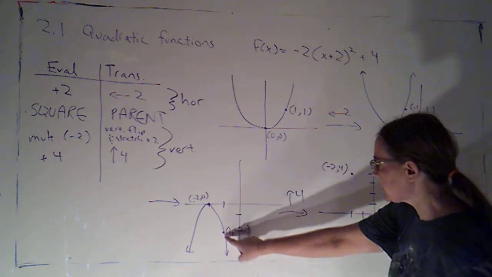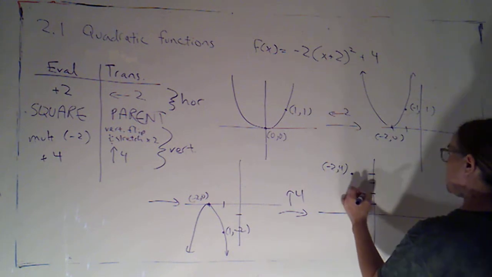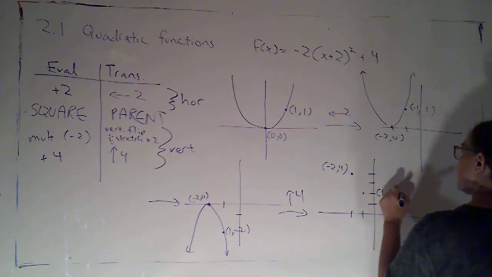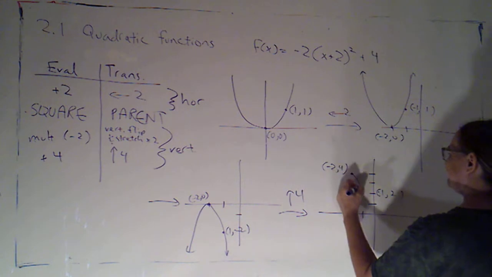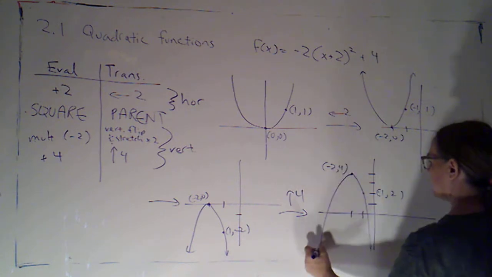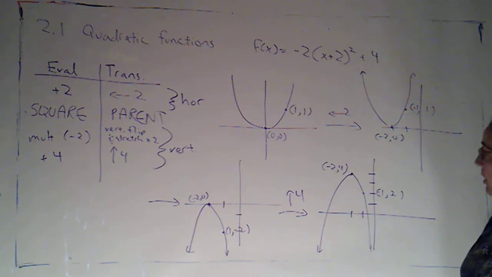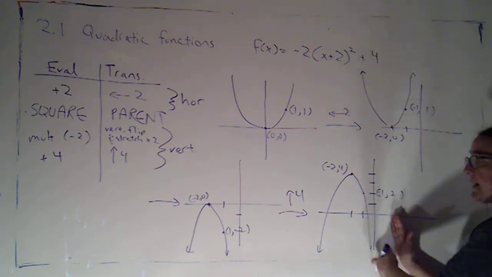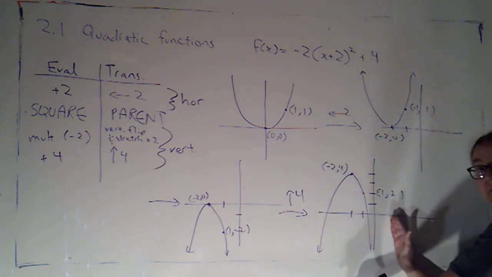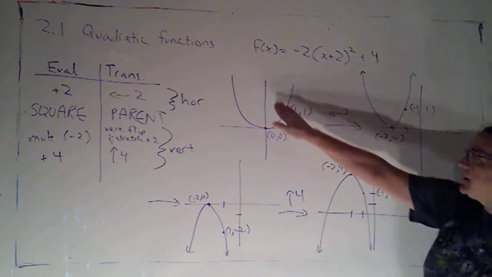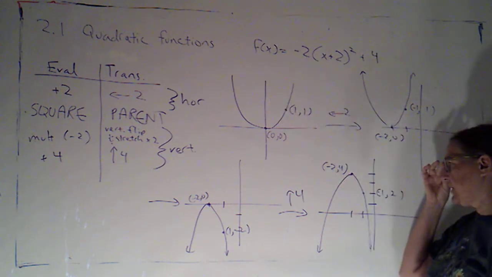And this point gets moved to -1, 2. All right, excellent. So we've got our parabola opening upside down, steeper than the parent function that we started with.